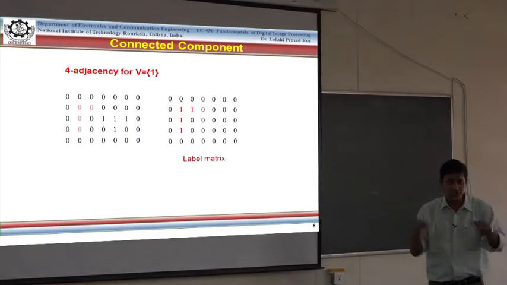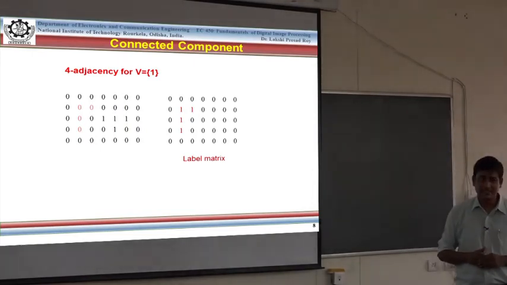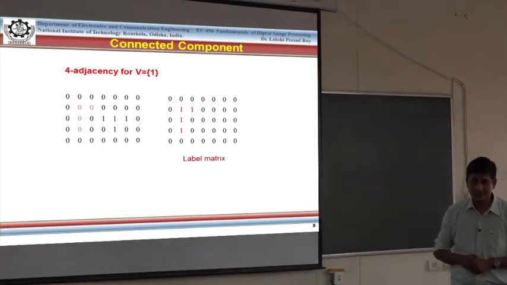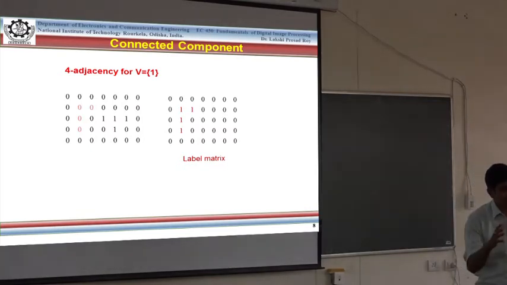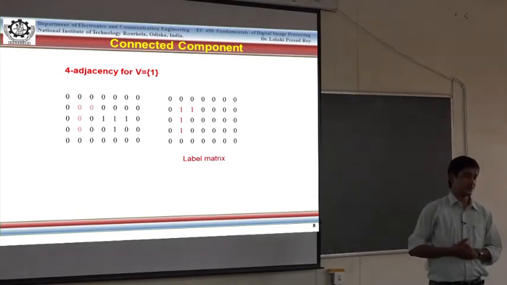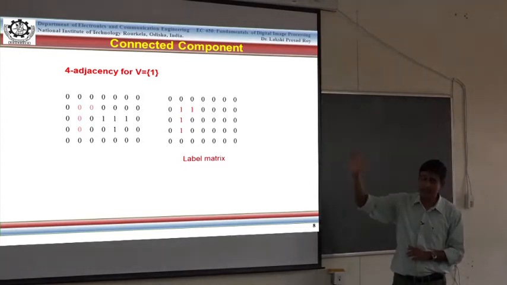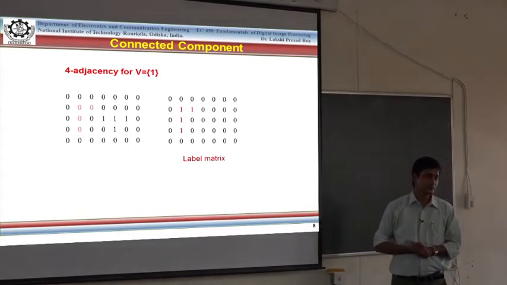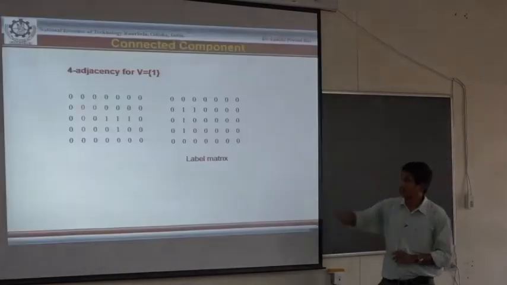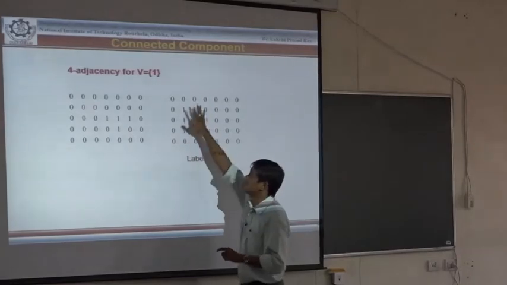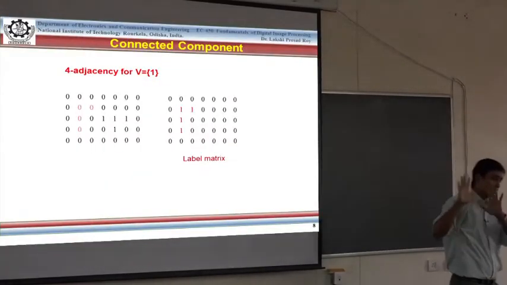So it is a portion where the pixels are adjacent to one another, or they are connected in some manner. So they will be called the connected components. These are connected components. It means this total portion is a connected portion of this image.